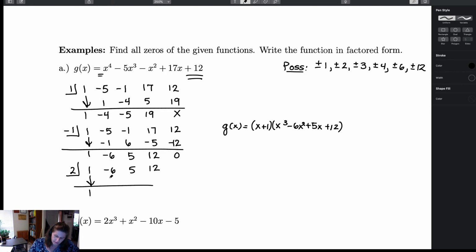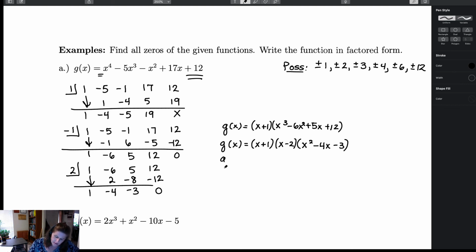Dropping down 1. And -12 and 0. All right, so 2 is also a factor. And we have g of x equal to x plus 1 times x minus 2, and then our reduced polynomial, now we're squared. So x squared minus 4x minus 3. Once you get down to a quadratic, you can factor this with regular methods. So you don't have to continue synthetic division, you just factor it.